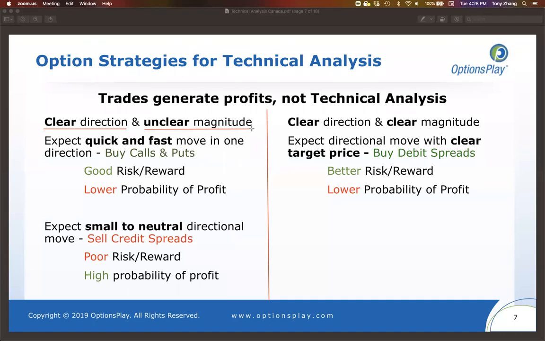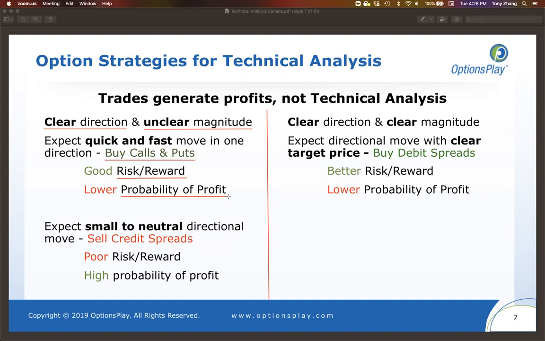When you have a clear sense for direction, but you don't have a clear sense for magnitude, it's generally best to simply buy calls and puts, because these have pretty good risk to reward ratio. They typically have a lower probability of profit, but they generally take advantage of a big, quick, and fast move in one direction or another.